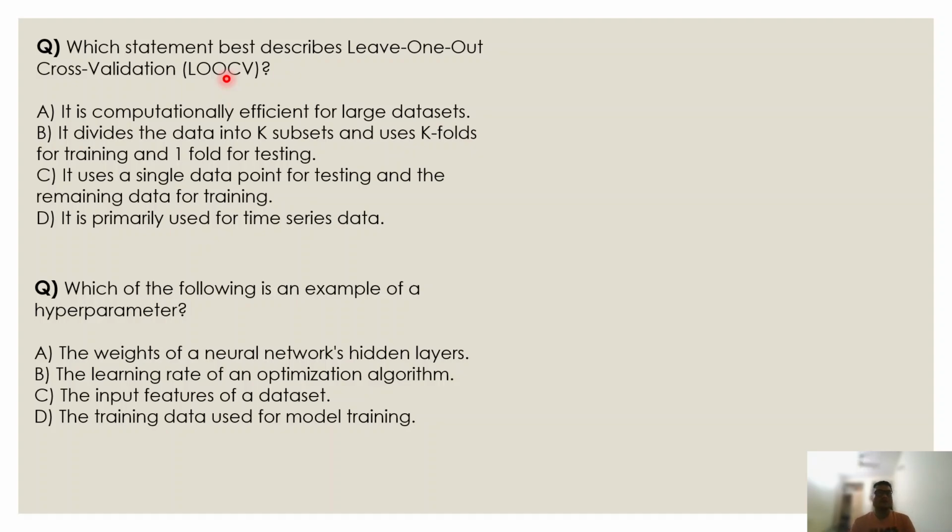Yes, Jagananda Rao answered it as C. Prakash also answered C. So yeah, you are correct. The correct answer for this is C. It uses a single data point for testing and the remaining data for training of the model. So that's exactly what leave one out means, and that's why C is the correct answer.